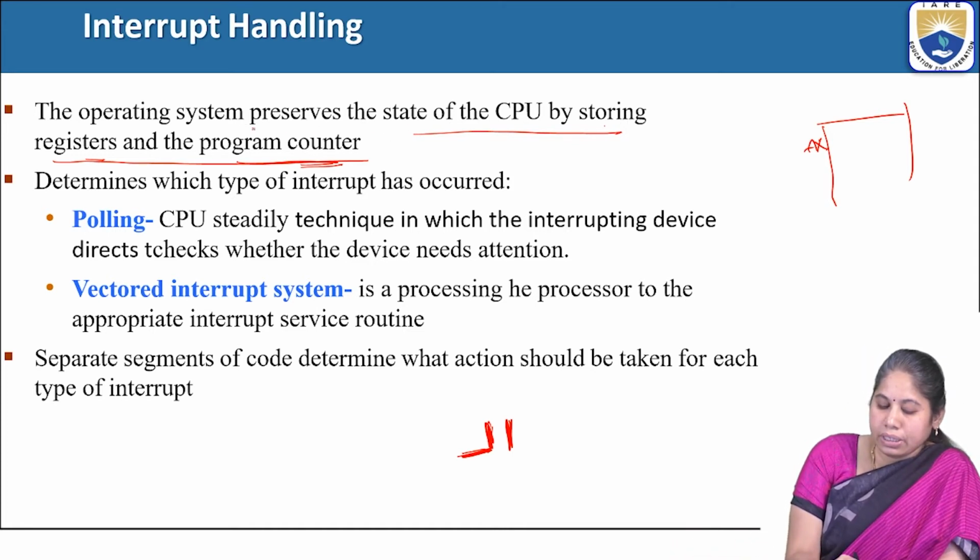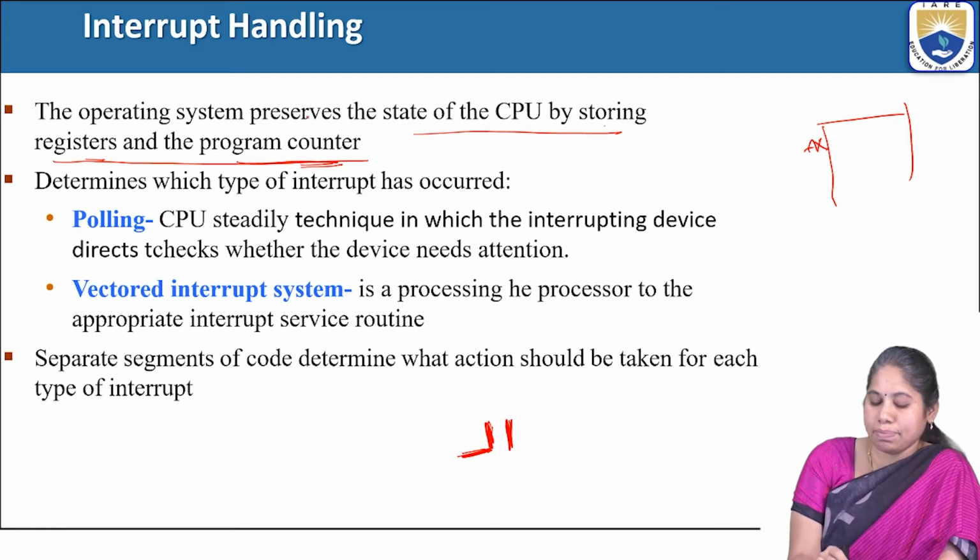So when an interrupt occurs, the operating system's duty is to preserve the status of the CPU by storing it inside the registers and the program counter. It also determines which type of interrupt has occurred. There are two kinds of interrupt systems: polling and vectored interrupt systems.